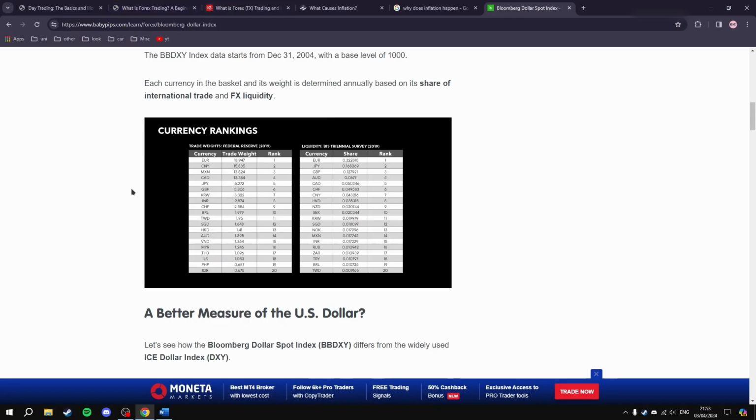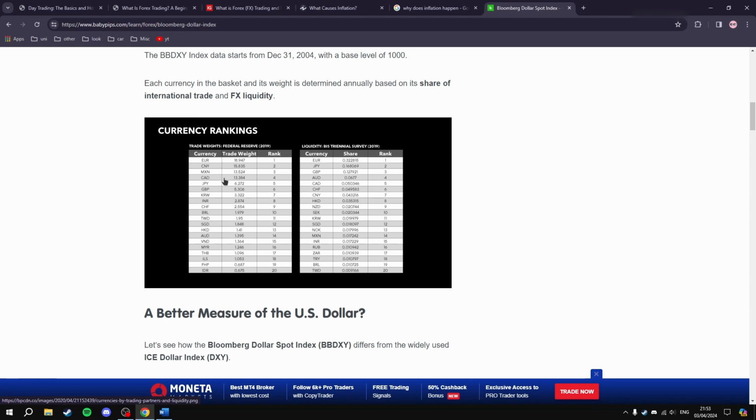So, currency rankings: trade weights, Federal Reserve from 2019; liquidity, BIS triennial survey 2019. Euro with a trade weight of 18.947%, rank 1, CNY, I'm guessing that's Chinese yuan, MXN, is that Mexico?